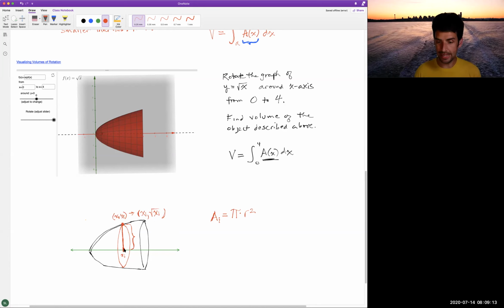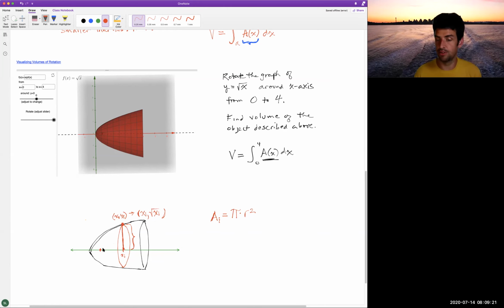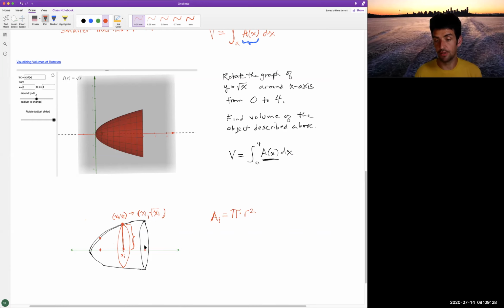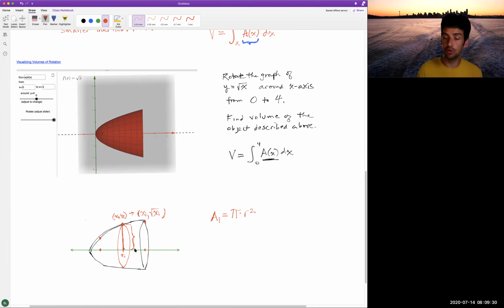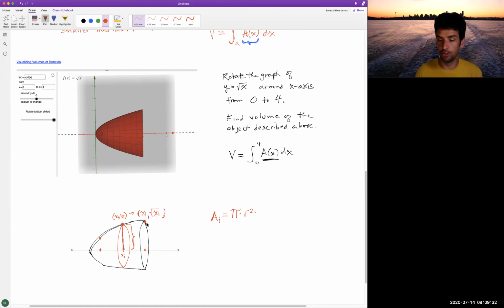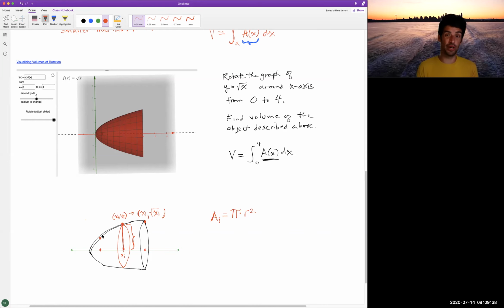So if I pick an x value, I know the height to the function there is the square root of that value. For instance, if this was x equals 1, the height should be y equals 1 because the square root of 1 is 1. If I went out to x equals 4, the height should be 2 because the square root of 4 is 2.